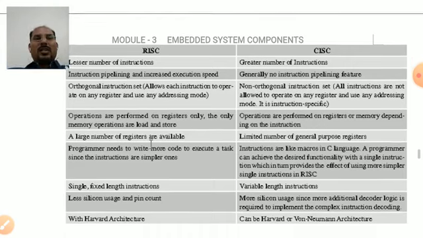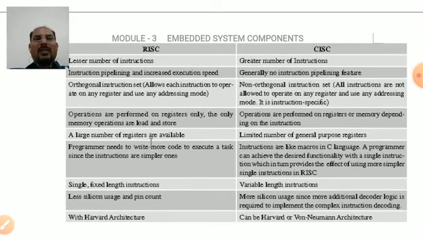Then the instructions are orthogonal in RISC. It means that they operate on any register and with any addressing mode, whereas the instructions are not orthogonal in CISC. It means that they do not operate on all the registers and using all the addressing modes.